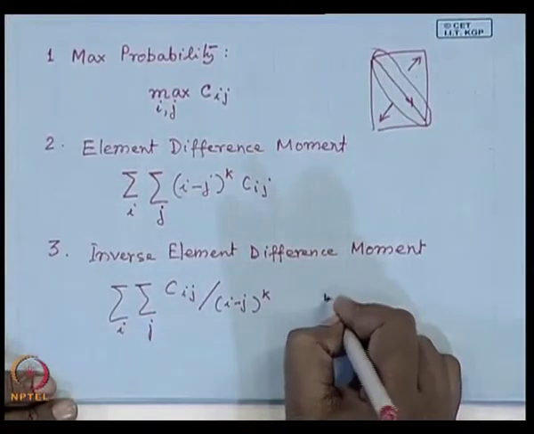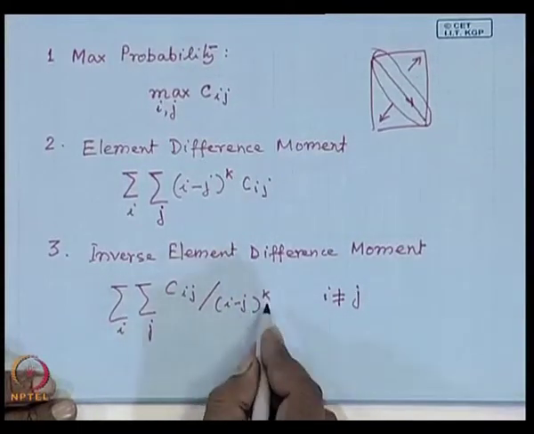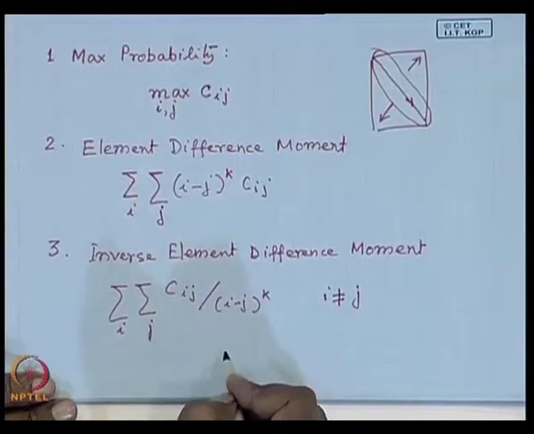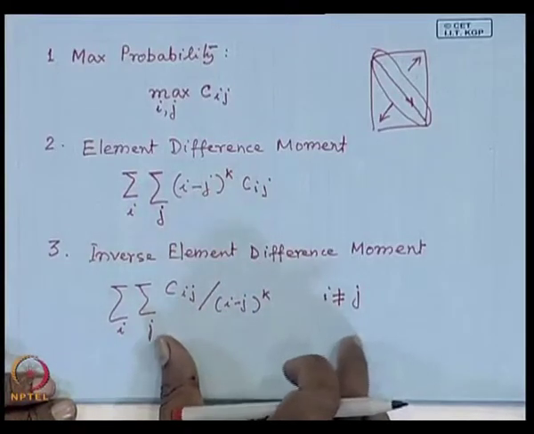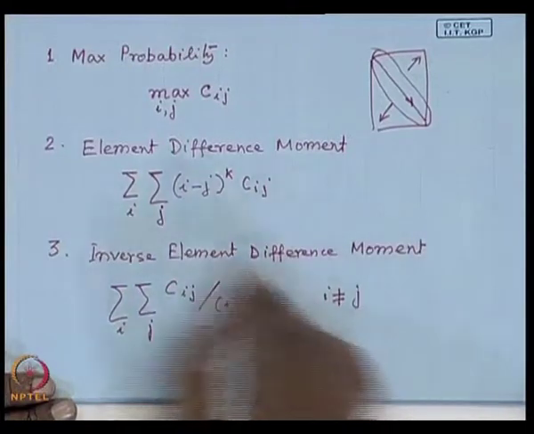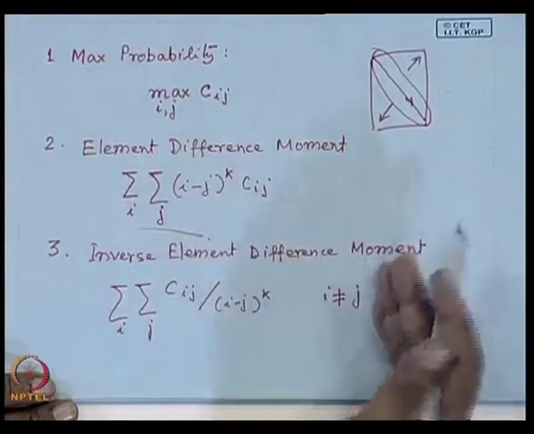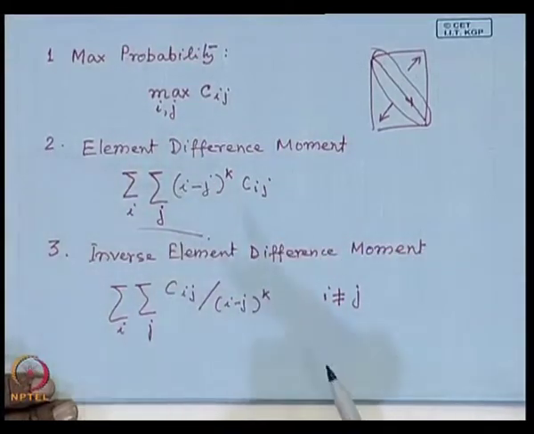Naturally this is not defined for I equal to j, because then I minus j to the power k becomes 0, so this term is undefined. It will have just an inverse effect of the element difference moment. Wherever the element difference moment is high, the inverse element difference moment will be low, and wherever the other one is low, this one will be high.